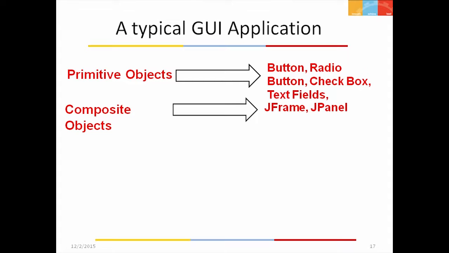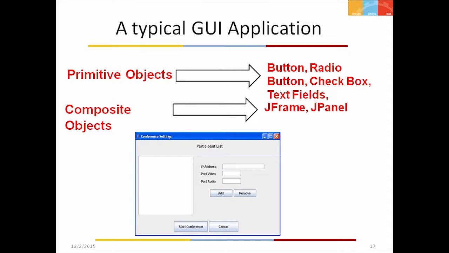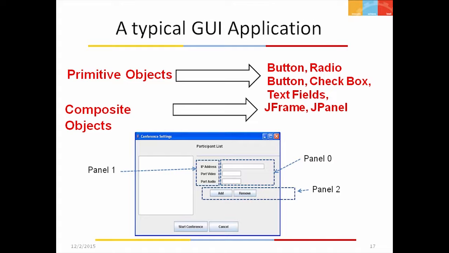If you are using Java, then it could be JFrame or JPanel. Let's look at this picture here. This is actually a composite object. So this is the panel consisting of 3 elements. This is another panel consisting of labels. This is another panel consisting of buttons.